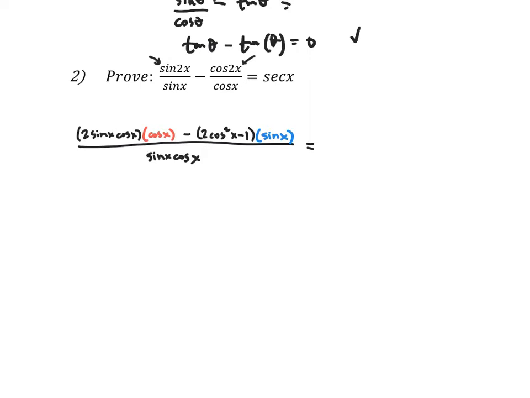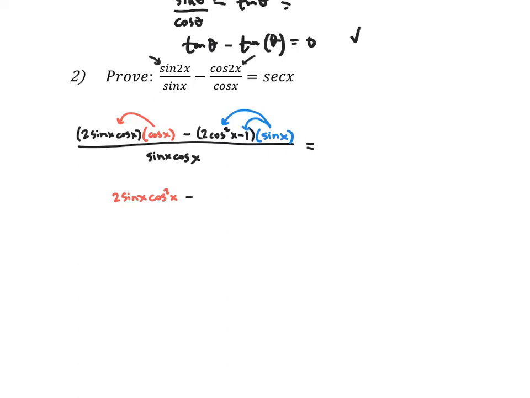Okay, so let's work. I'll go in red here. I'm going to distribute. Since that's one term, I just distribute it. So I'm going to get 2 sine x cosine squared x. And then on the right hand side, I have to distribute it here and here since there are 2 terms.